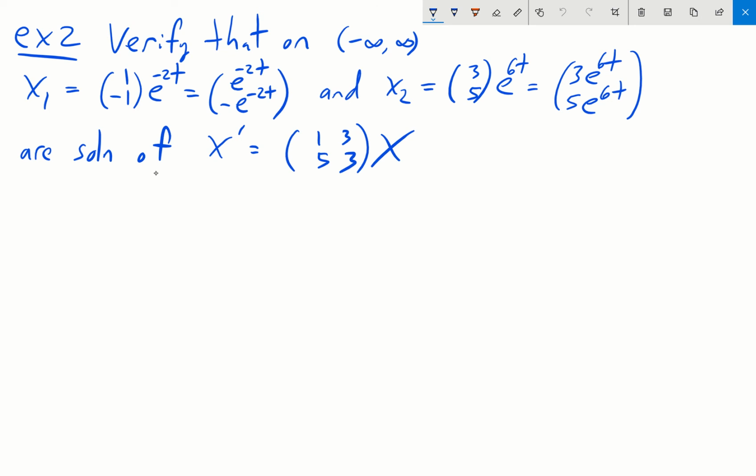We're asked to show that both of these are solutions to the system written in matrix form, x prime equals 1, 3, 5, 3 times x. Okay, so let's start by showing x1 as a solution.